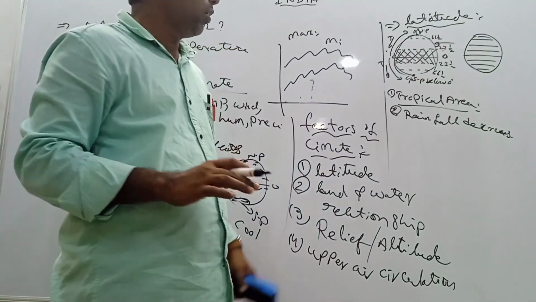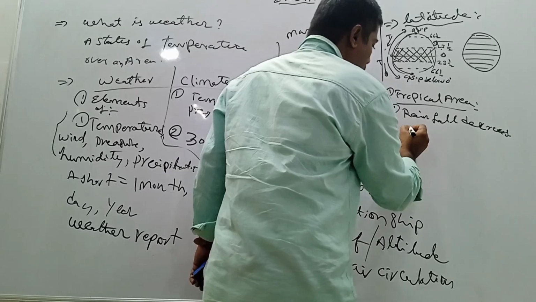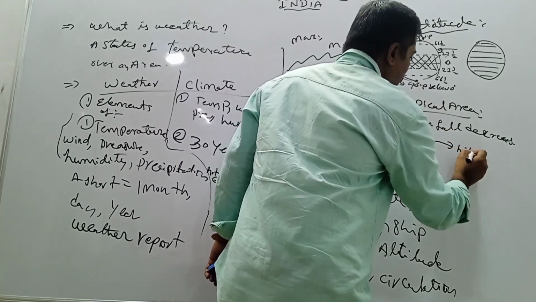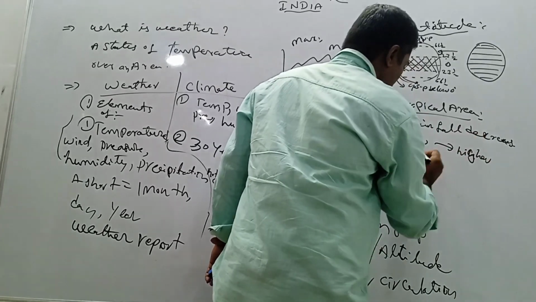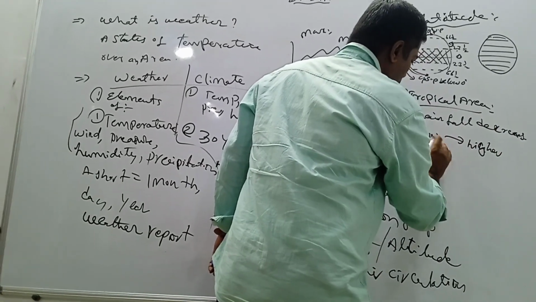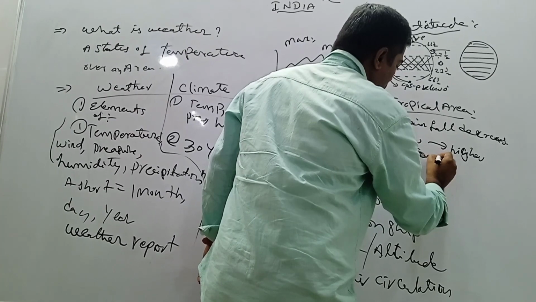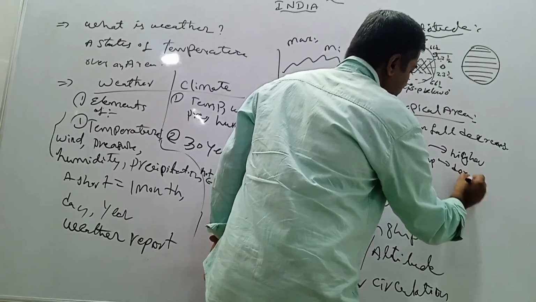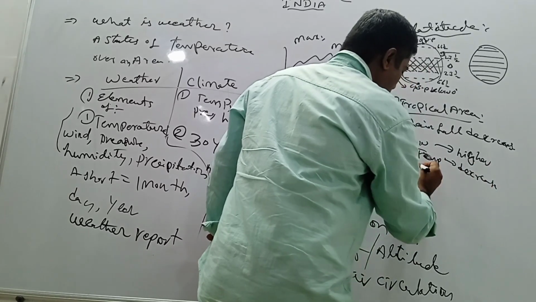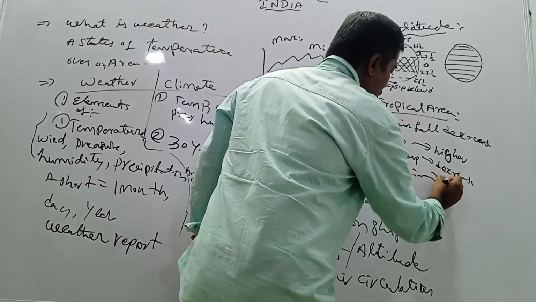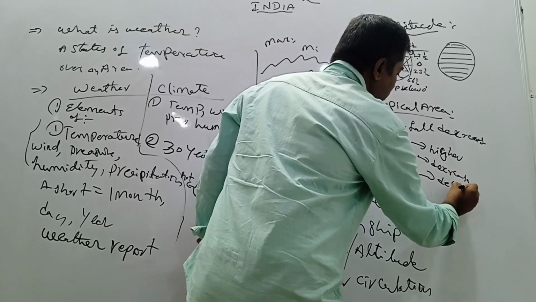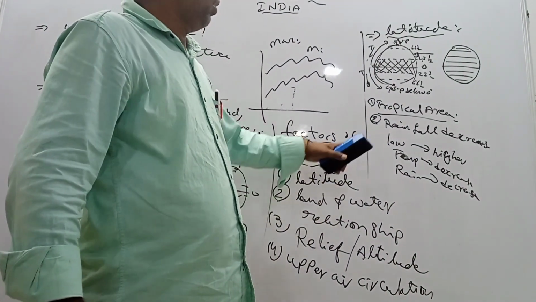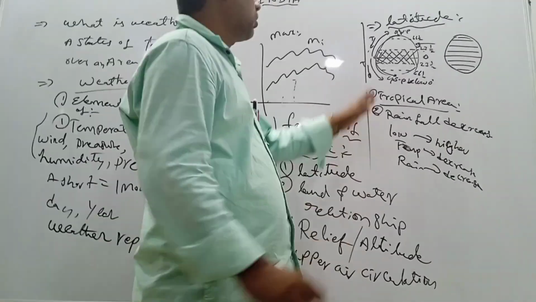So from lower latitude to higher latitude, the temperature will decrease, and rainfall also decreases. Okay, so this is latitude.